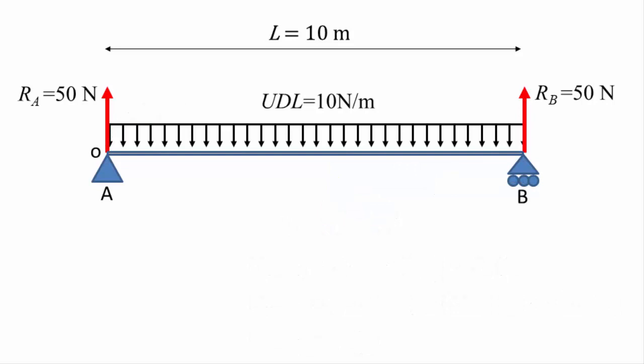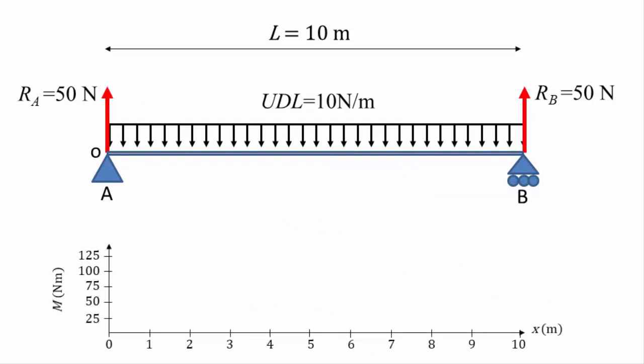We have now calculated the bending moments for a number of points along our beam. Let's recap these results and show them on a graph. Here the horizontal axis represents the distance along the beam and the vertical axis represents the bending moment. At 0 meters, the bending moment is 0 newton meters. At 2 meters, the bending moment is 80 newton meters.